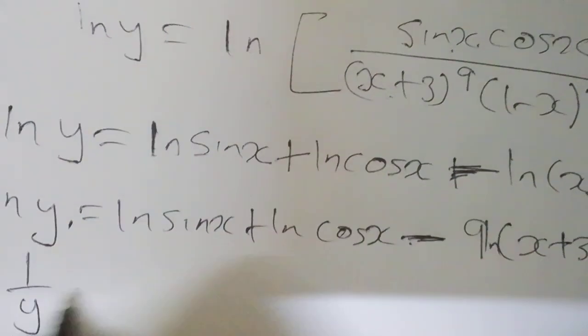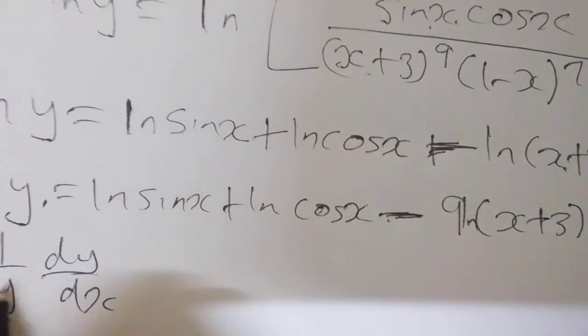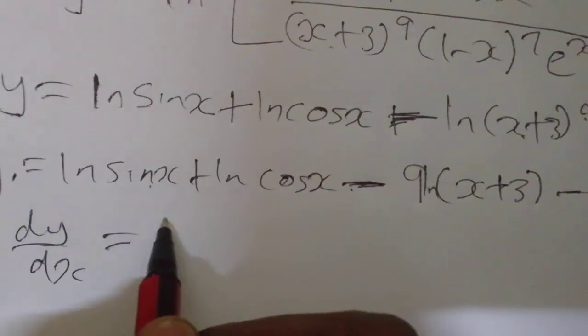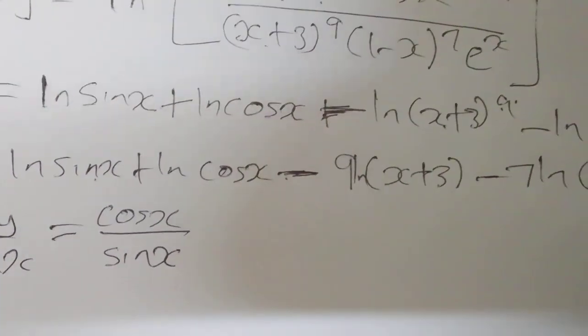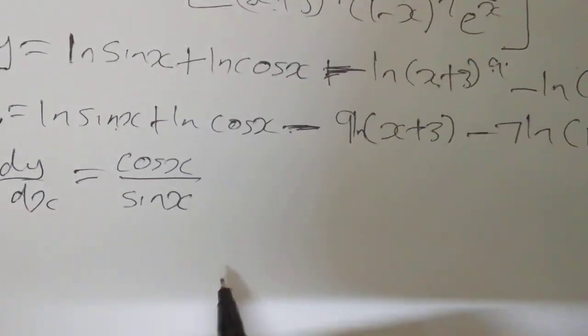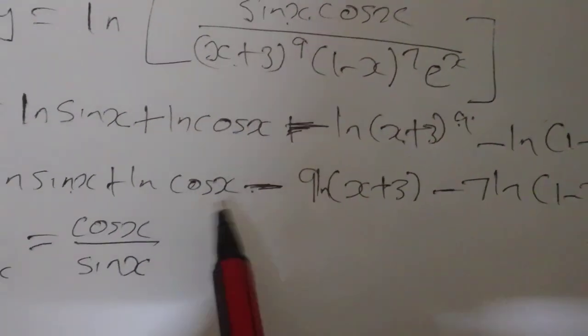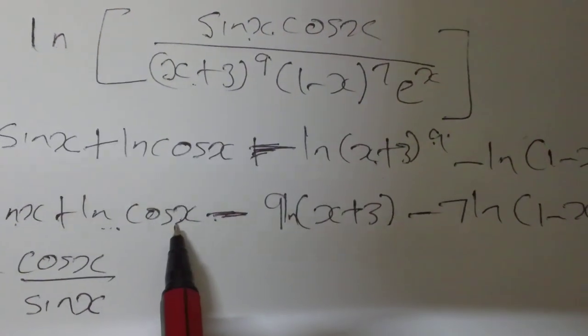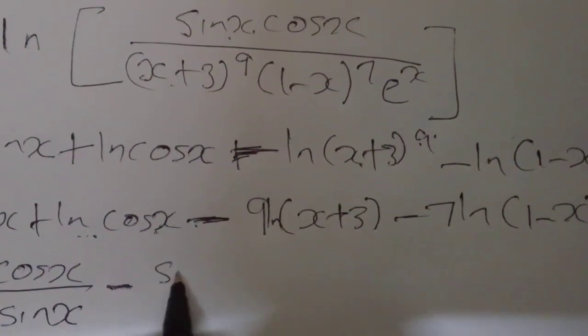What's the differentiation of ln y? It is 1 over y times dy/dx, because this is implicit differentiation, which is equal to the derivative of ln sin x, which is cos x over sin x. I explained to you how to differentiate these on the last part we did, so this is just a walkover. Then the differentiation of ln cos x: if you differentiate cos x it is negative sin x, so this will be negative sin x over cos x.